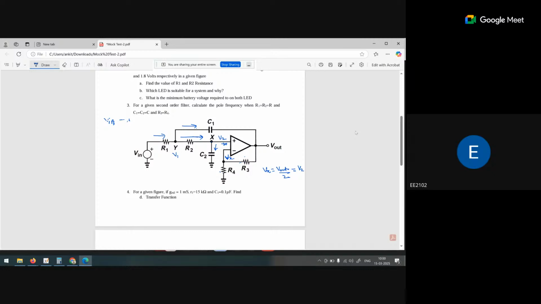But if a high pass filter is also given in the question, the circuit is given to you. With this same method you can apply it for the high pass filter also. And then it has to be compared with the similar equation, but in that the numerator would be s square by omega p square. Exactly. Okay, got it. Thank you.